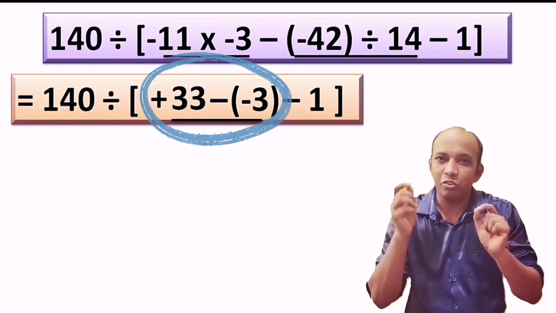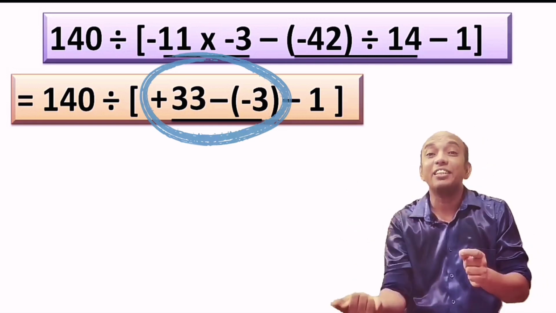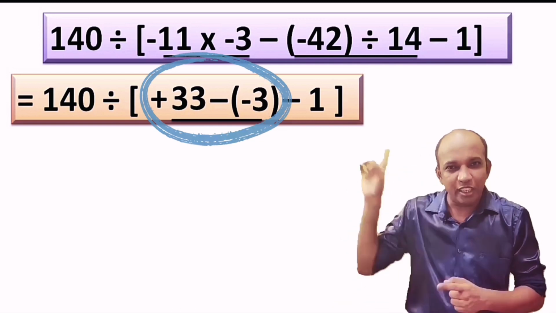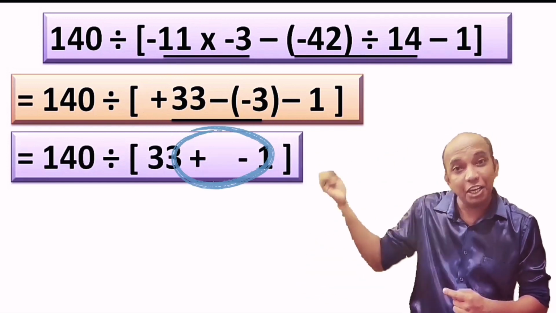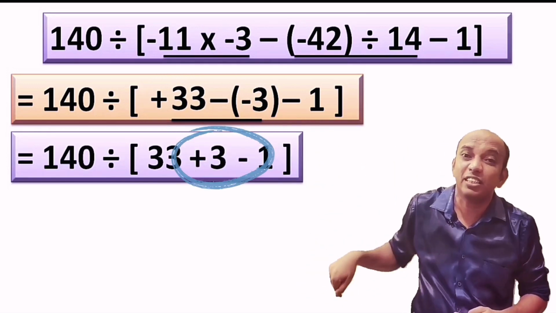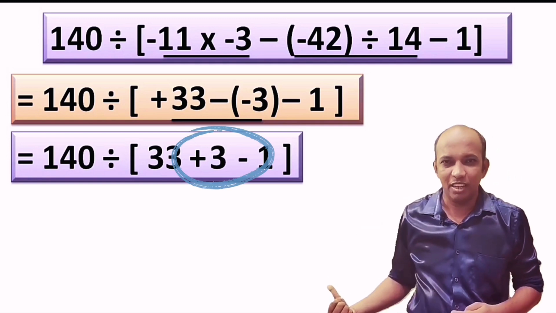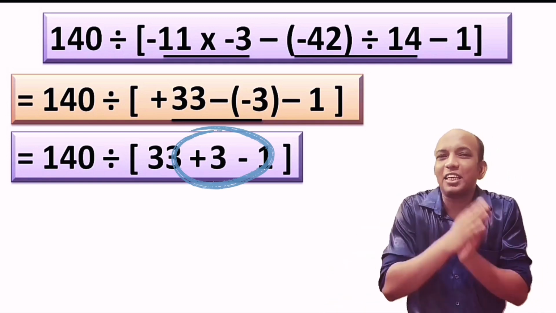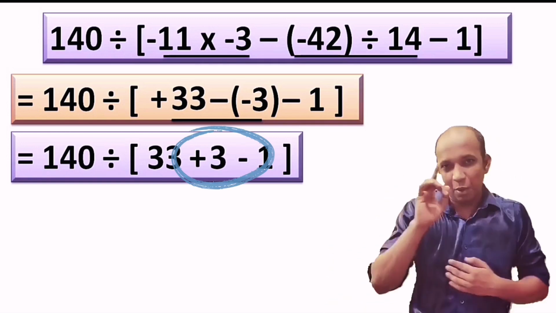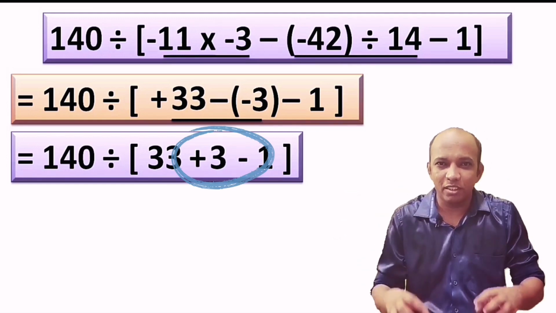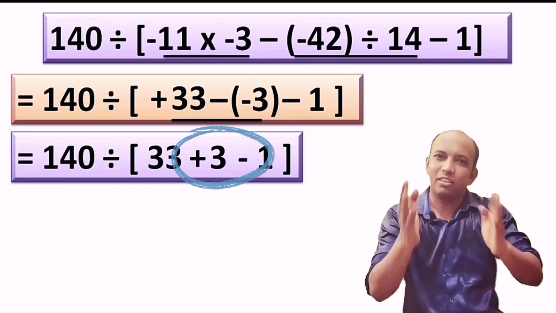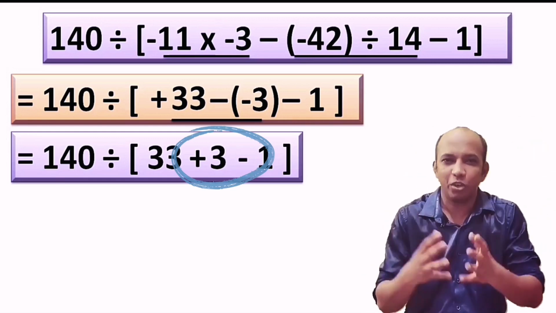While carrying out the subtraction, we never subtract, we add the opposite number, right? So 33 will be written as it is, turn that subtraction into addition, and negative 3 will be written in its opposite form, that is positive 3. So in short, what we have is 33 plus 3 minus 1. Keep it in mind, this is the rule of integers. To go in more depth, the link is given over here, try to learn it more deeply.